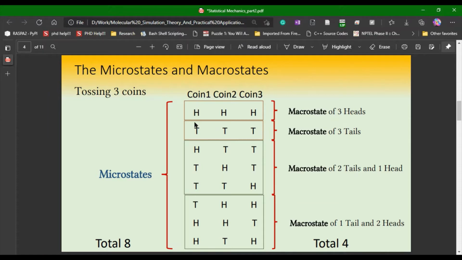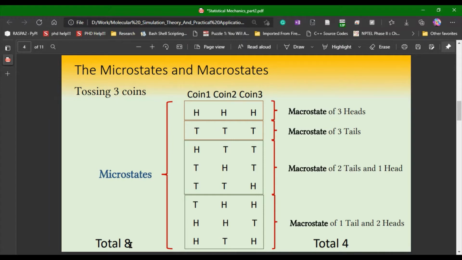For example, coin 1, coin 2, coin 3 can have different outcomes, either head or tail, right? All the possible outcomes that can come out of this are called the microstates. Each of these outcomes is equally probable, equally likely. So we have a total of 8 microstates here.